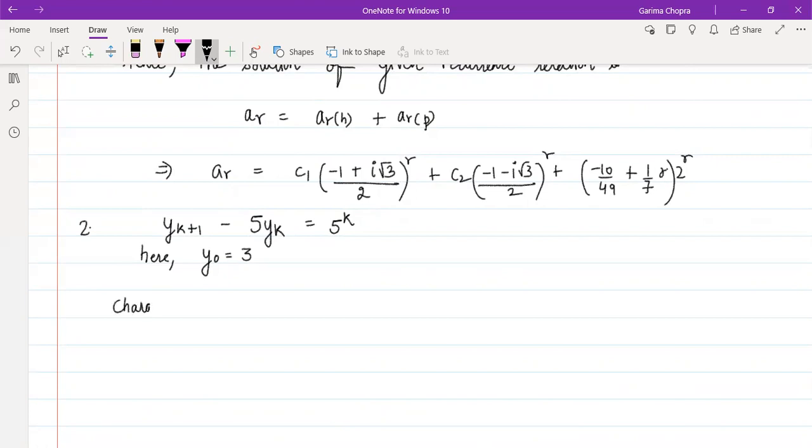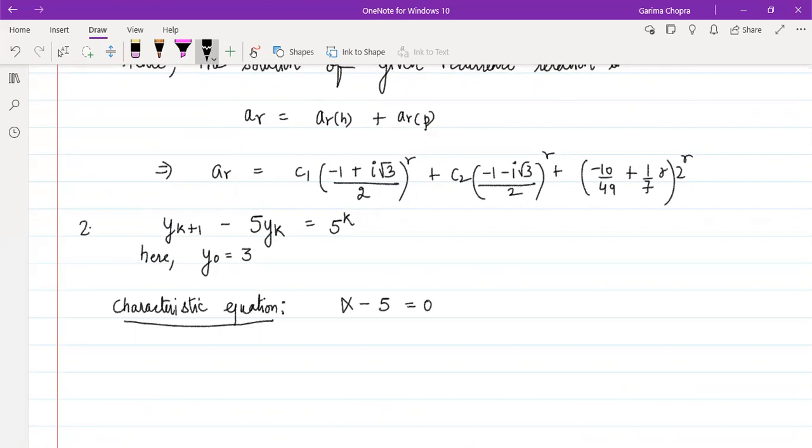Since the order is 1, the characteristic equation will be of degree 1. It will be a linear equation. And since we are taking the characteristic equation in alpha, from the first term we get alpha, then minus 5. And alpha minus 5 equal to 0 is the characteristic equation.